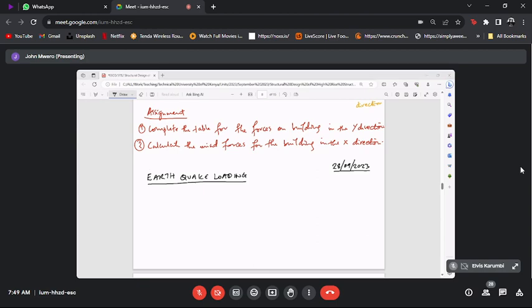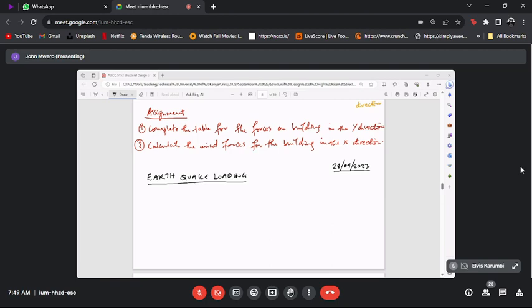So I did mention in the other unit that basically an earthquake force is an inertia force. The earth is moving, the building does not know that the earth is moving, and therefore it wants to remain where it is.